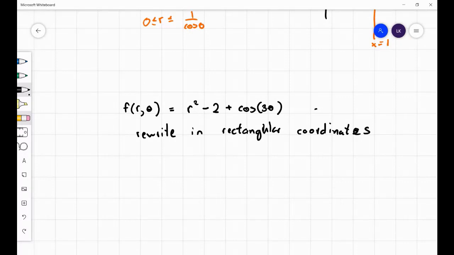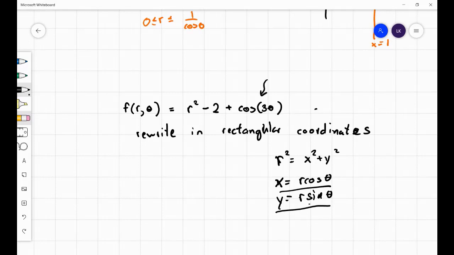So there's two things. To use rectangular coordinates, we want to take advantage of the fact that x squared plus y squared is r squared, and the fact that x is r cosine and y is r sine. But it's hard to use these two if your trig function isn't just cosine of theta by itself or sine of theta, but it's cosine of a multiple of theta.